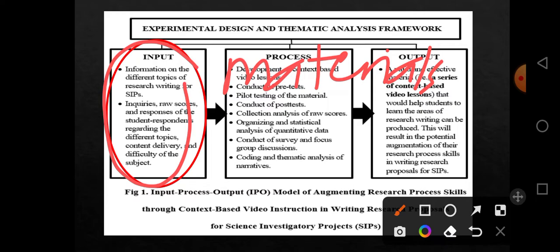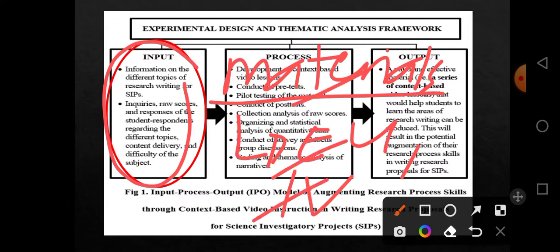Additionally, the input of your study also includes your experimental unit as well as your independent variables. So you will outline in bullet form your materials, experimental unit, and independent variables. Again, the input will serve as the second guideline in writing the research paradigm.